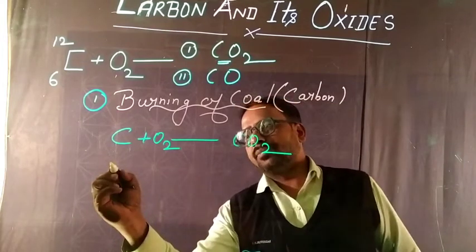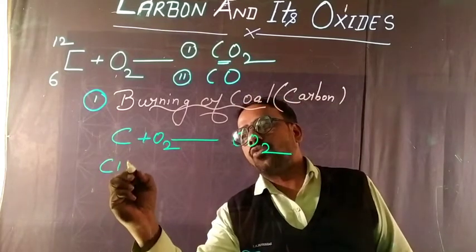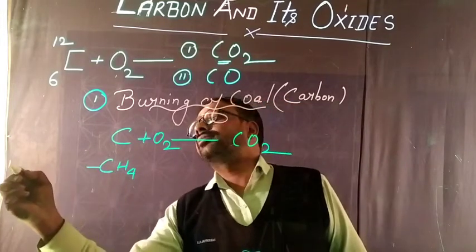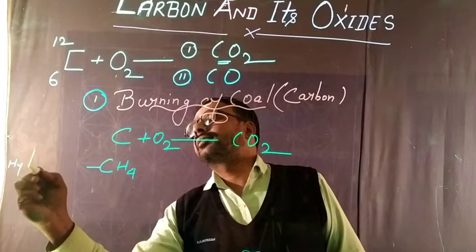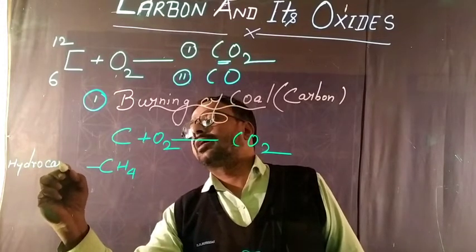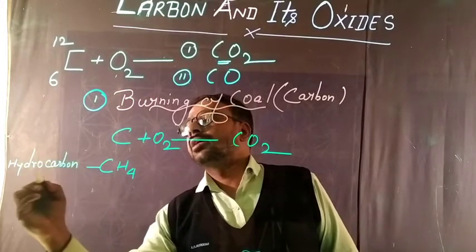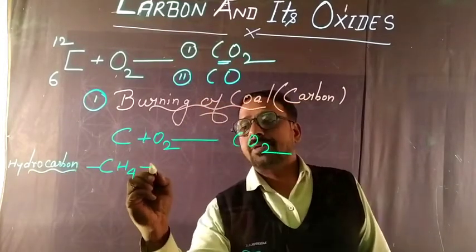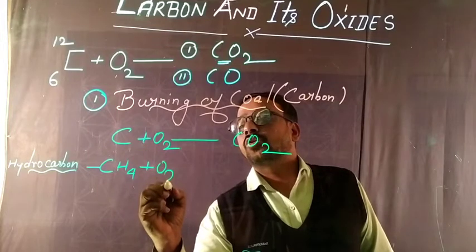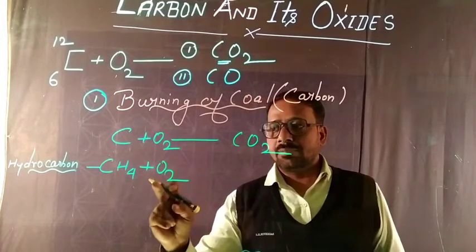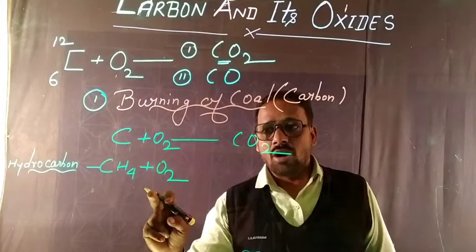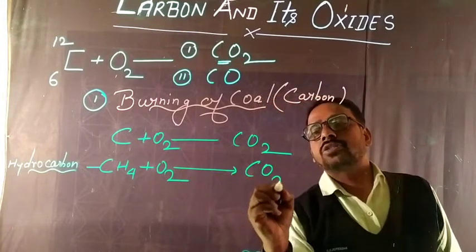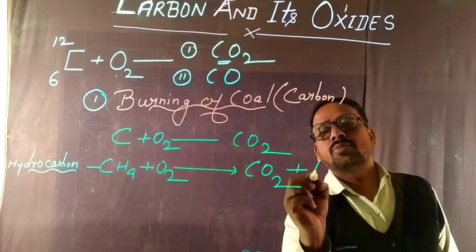Similarly, CH4 is an example of a hydrocarbon, because it is made up of only carbon and hydrogen. When a hydrocarbon burns in the presence of oxygen, it produces carbon dioxide and water molecules.